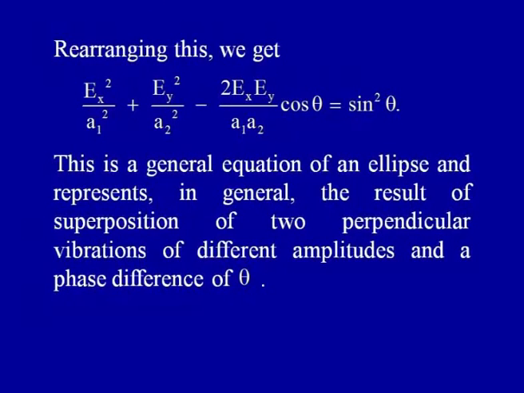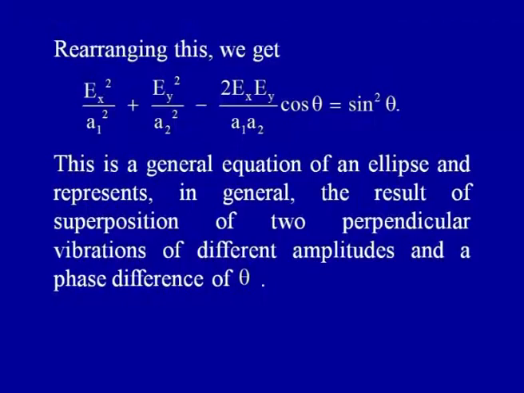We can rearrange this, and when we do this, we get Ex square upon A1 square plus Ey square upon A2 square minus twice Ex Ey upon A1 A2 times cos theta, and all of this is equal to sin square theta.